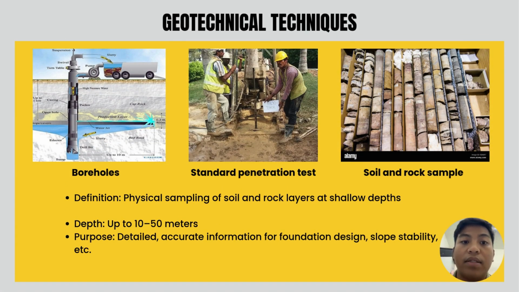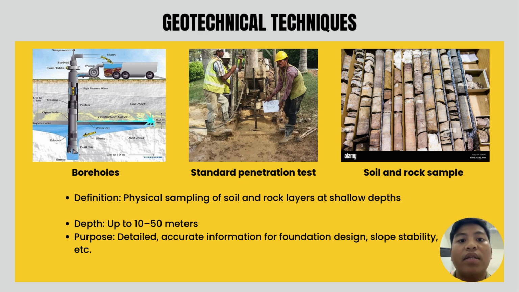Geotechnical methods involve physically sampling the ground to understand its properties. These techniques include drilling boreholes, extracting soil and rock samples, and conducting tests like SPT, Standard Penetration Test, which measure soil resistance at specific depth.